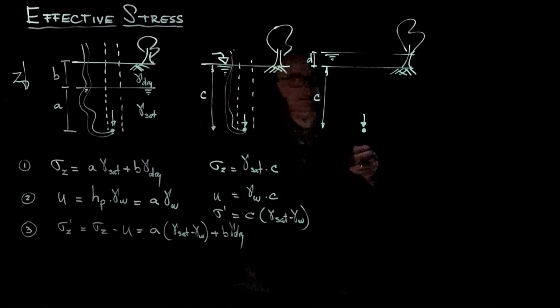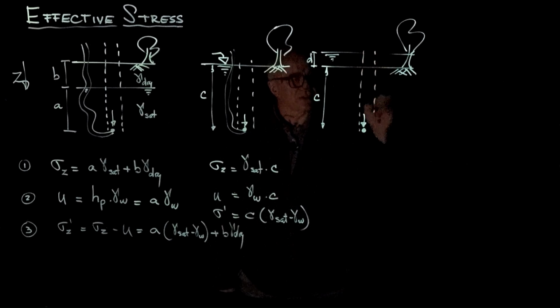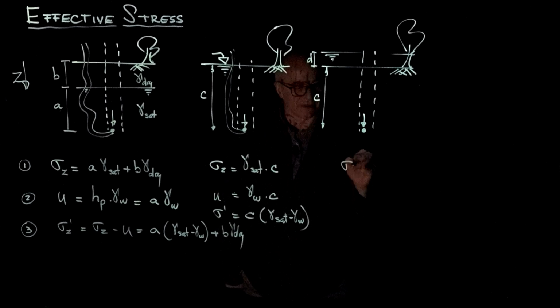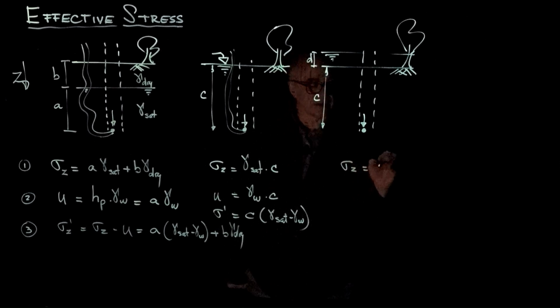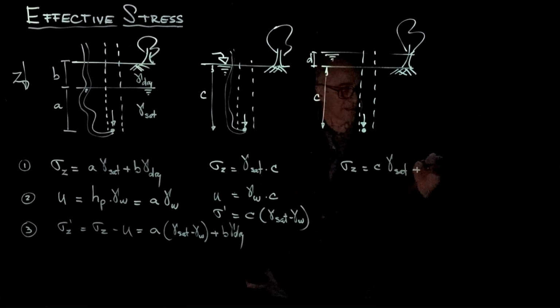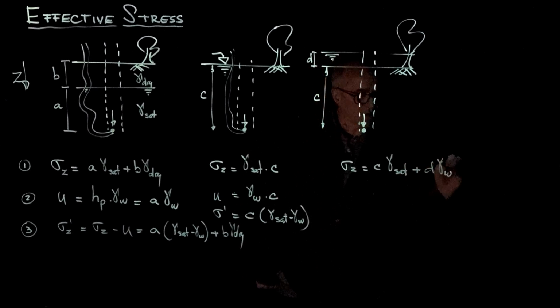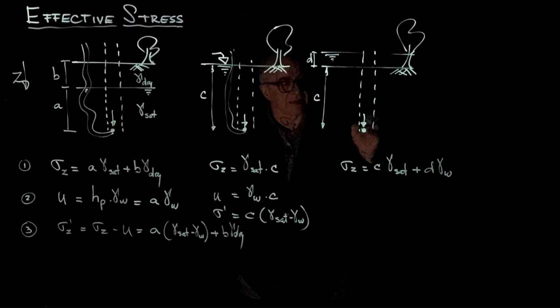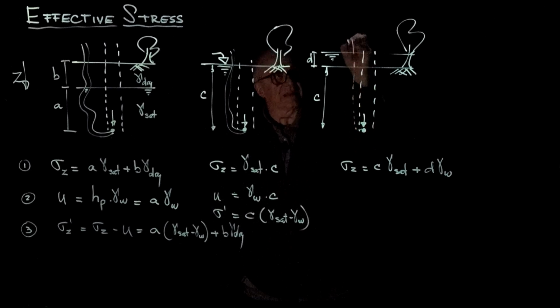Now, what happens in the last case? So let's solve it again. And so when we solve it, the weight of everything above the point is going to be equal to C gamma saturated plus D gamma water. If we place an imaginary piezometer, by equilibrium, the water has to rise to the top.